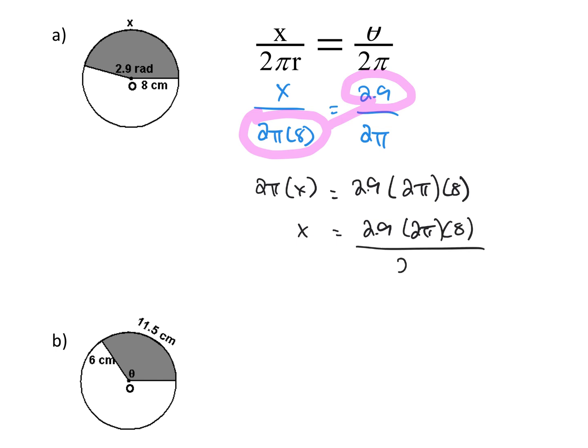Oh, it's just 2.9 times 8. Yeah, because the 2 pi's cross off. So it's just 2.9 times 8, which is 23.2 centimeters. So that is the arc length for that question.